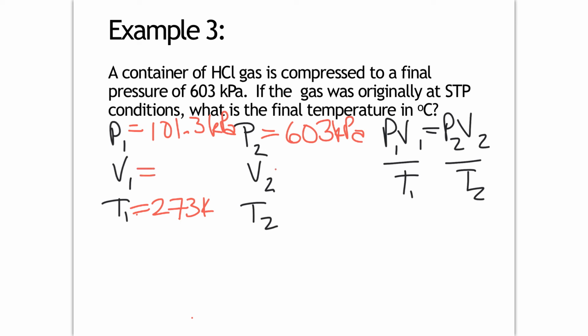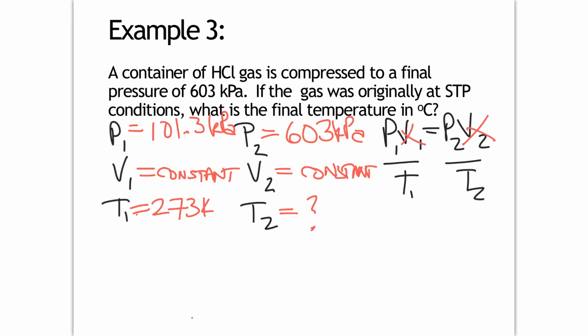Now, does it mention anything about volume? It asks what the final temperature is in degrees C, so we've got to know what that is. Does it say anything about volume? No. So we're going to assume it's constant. And when you assume it's constant, on this side you can just X it out. It's no longer there.